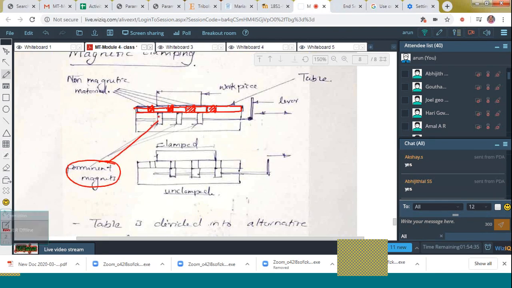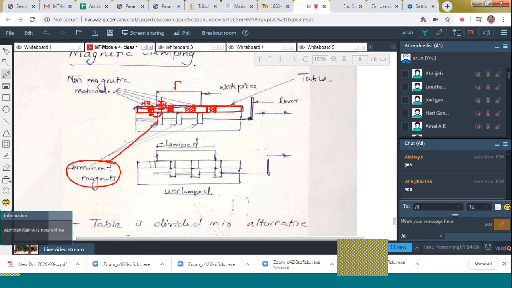What will happen? Listen carefully. What will happen when this permanent magnet is here? It is a non-magnetic material. Will the surface be magnetized? No. What will happen when it is kept over here like this? Yeah, the surface will be magnetized. That means it will hold the magnetic work material.